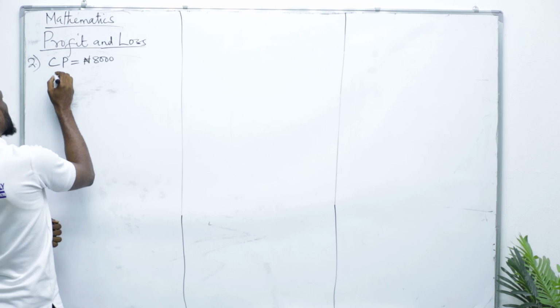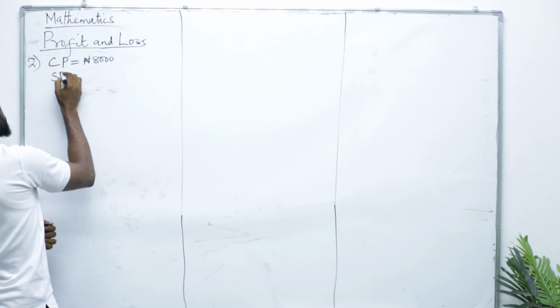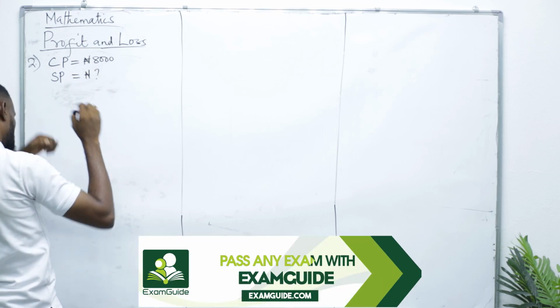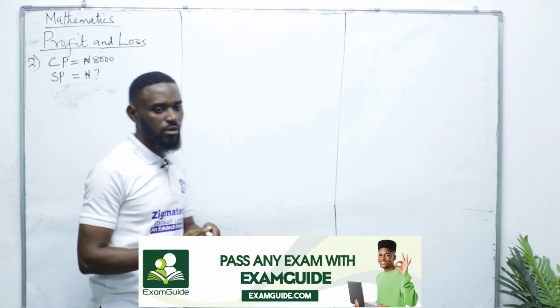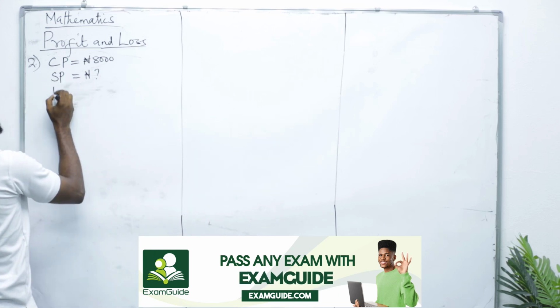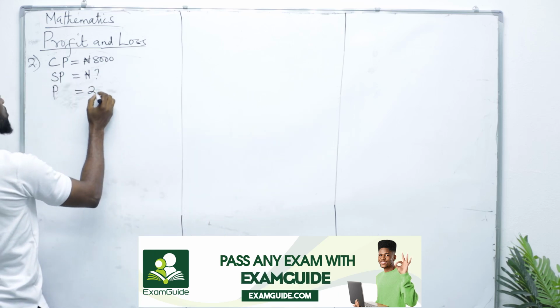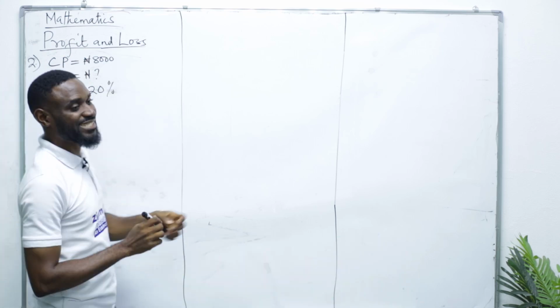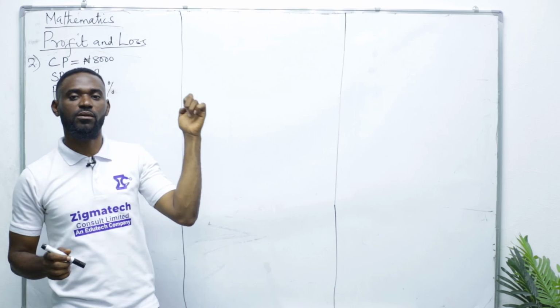At what price will Kunle sell it to make a profit of 20%? So they're asking us, at what selling price will he sell it? We don't know. That's what we want to look for. They say to make a profit of 20%. So that's percentage profit now.